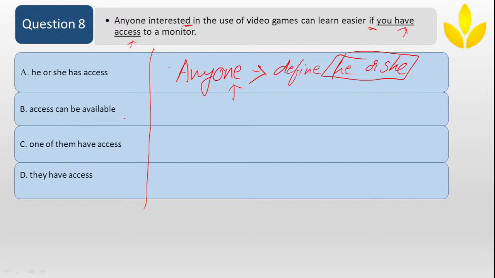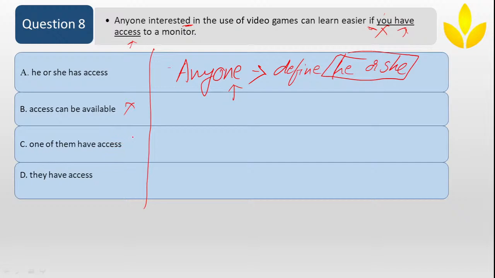You cannot try other options like if you have access. You is wrong again because it is also a subject. This is first person. Access can be available. If access can be available to a monitor, no, we are not talking about subject here.